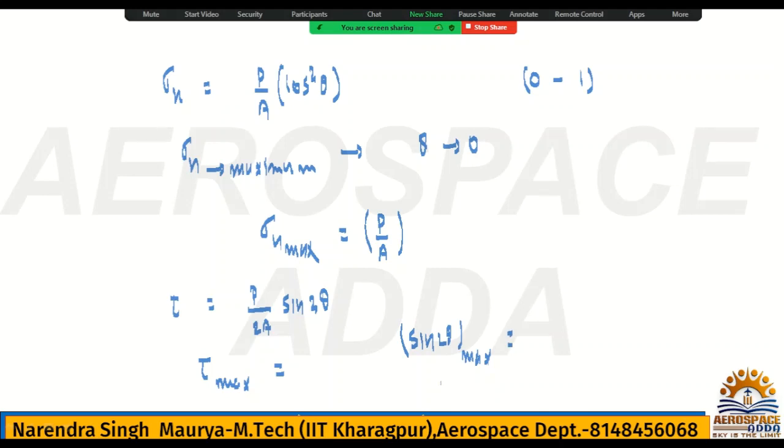The maximum value of this trigonometric function is also in the range 0 to 1. So the maximum value you will get when there is sin 90. Yes, only then will you get 1.